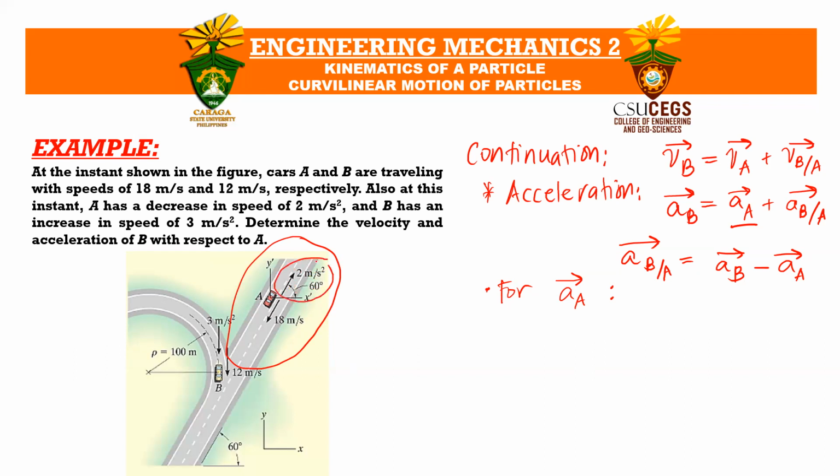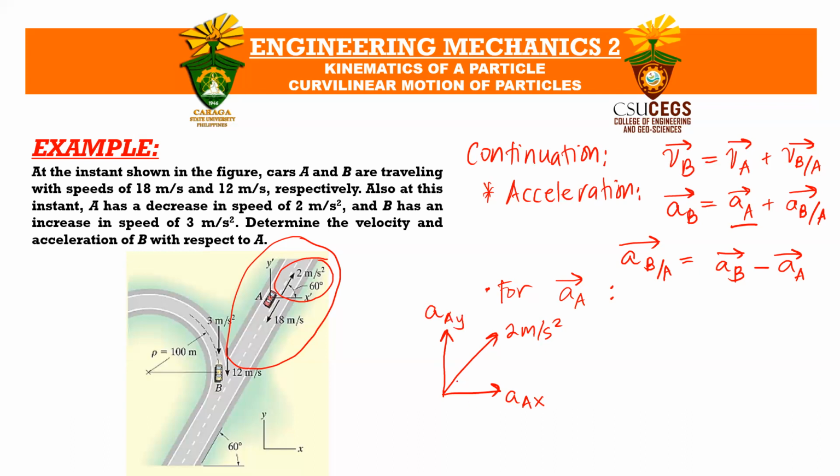So this is your acceleration of car A. The same thing with your velocity, it will have both x and y components. So if we redraw the acceleration of A, which is 2 meters per second squared, it will have an x component, which is a subscript ax, and the y component, which is a subscript ay.